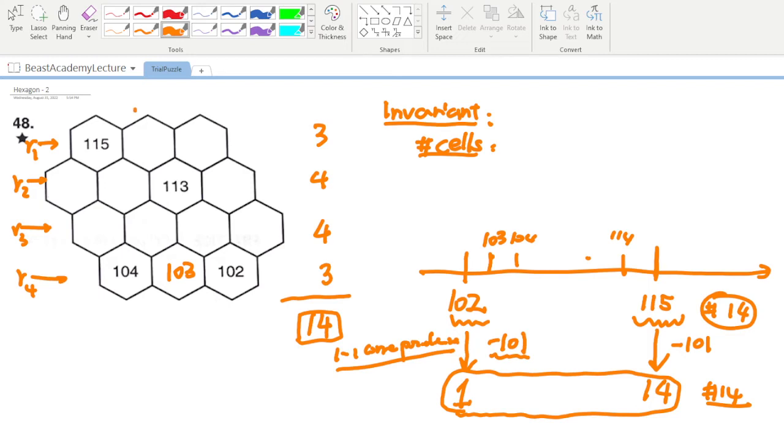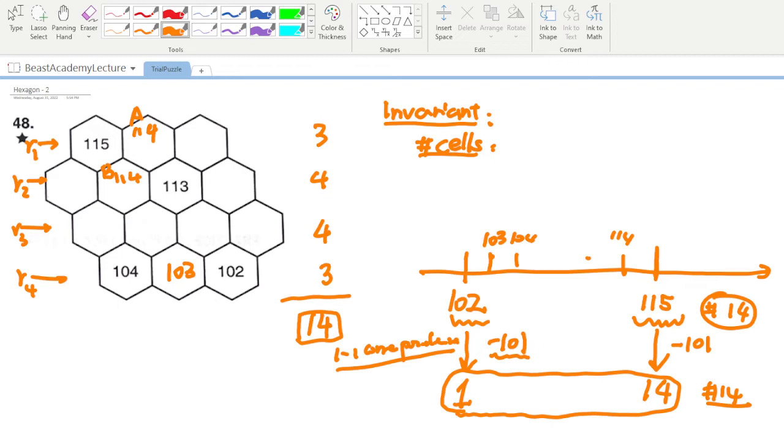Let me see. This cell is called A. This cell is called B. We need some logical thinking about either way. We can go 113, 114, 115 through A, or we can go through B, 113, 114, 115, right? Let's think.